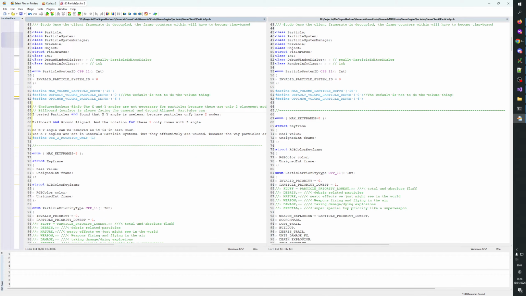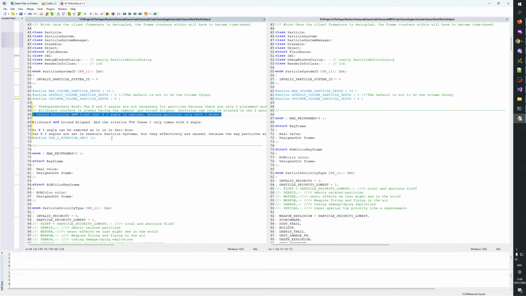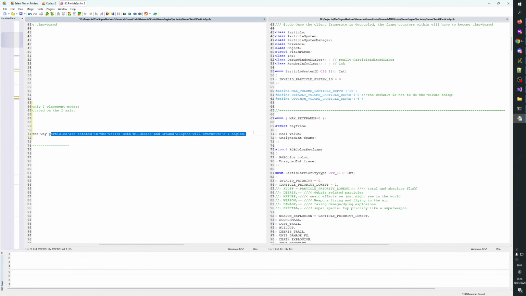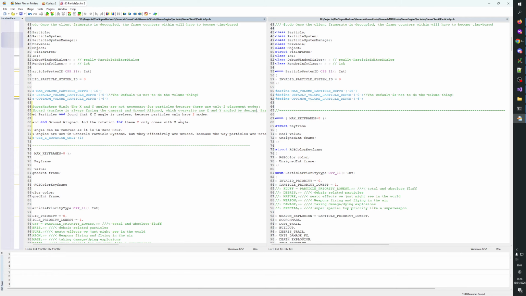Particles can only be rotated on the Z axis, which overrides any X and Y angles by design.